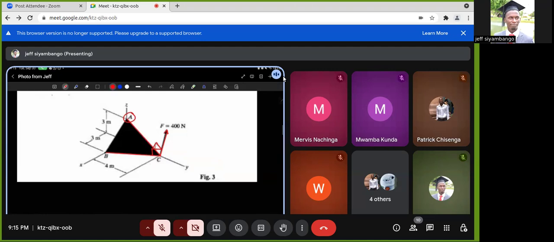Based on this, that knowledge is important for us.